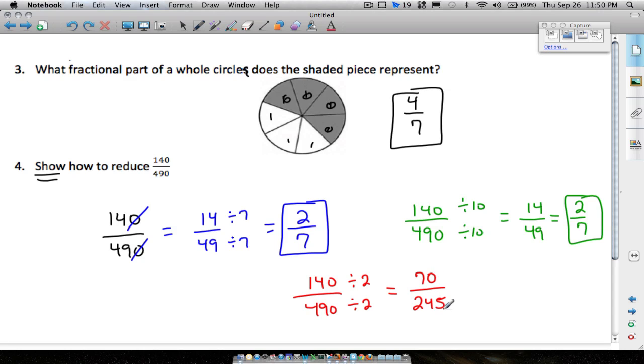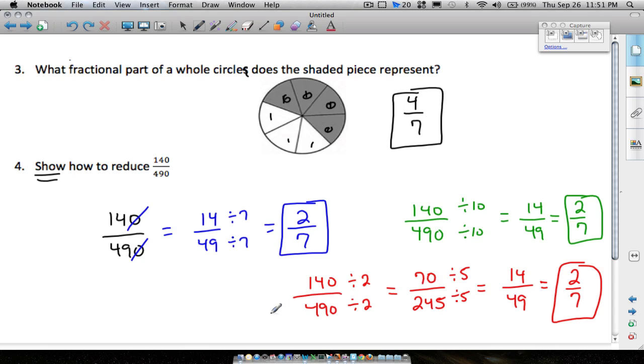Since this ends in 0, this ends in 5, we can divide by 5. All right. 70 divided by 5 is going to be 14. 245 divided by 5, that's going to be 49. And look where we're getting to. There's that 14 over 49 again. So that's going to be 2/7 because we've already divided by 7 here. Several ways to get to the same answer.